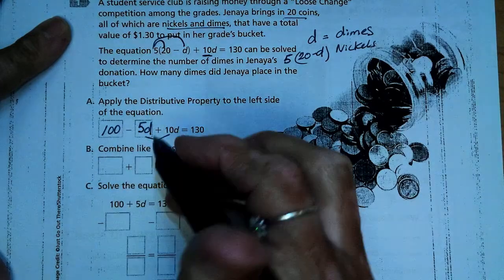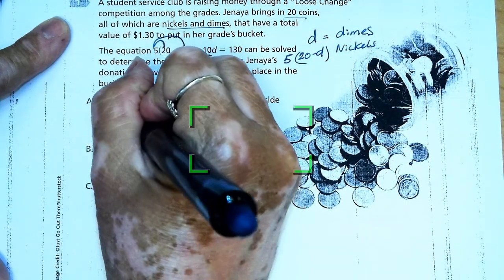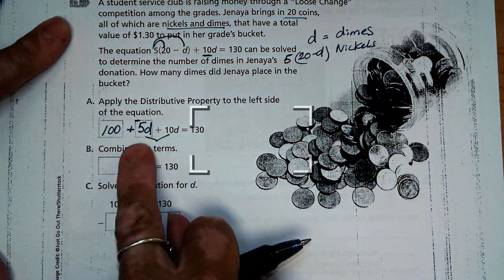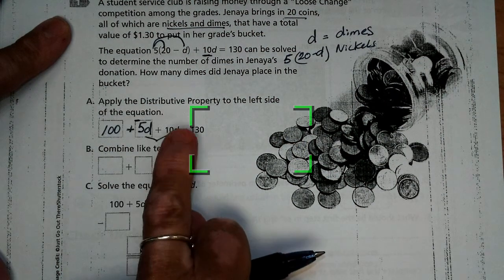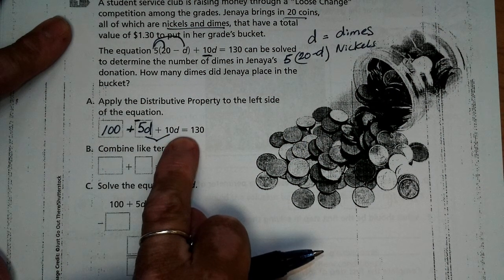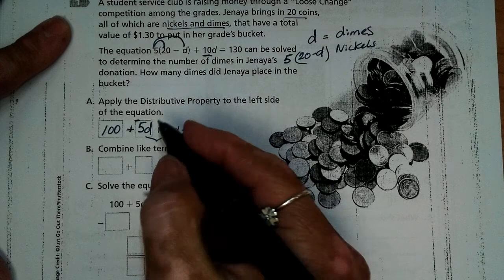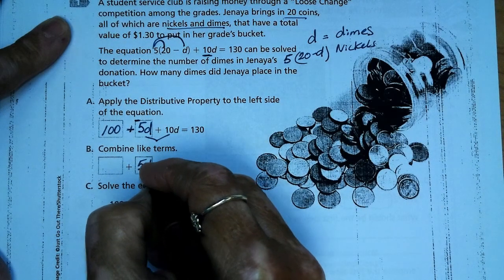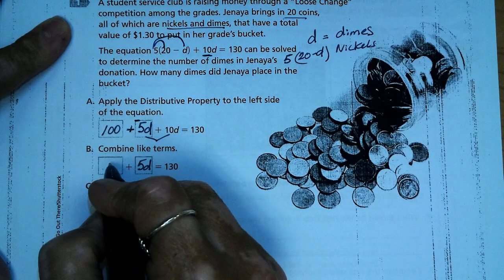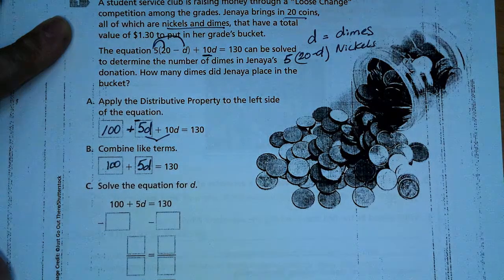So this is, remember, add the opposite. This is a -5 and a +10. So I would subtract them, and I would end up with 5D, and I'm going to bring down the 100.